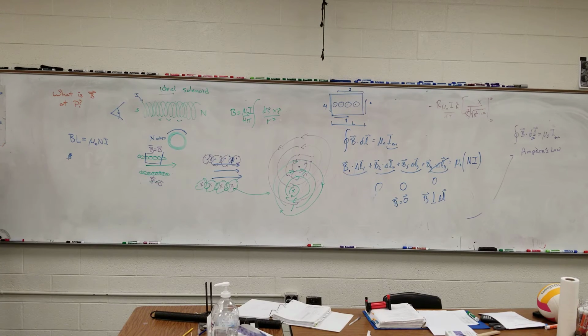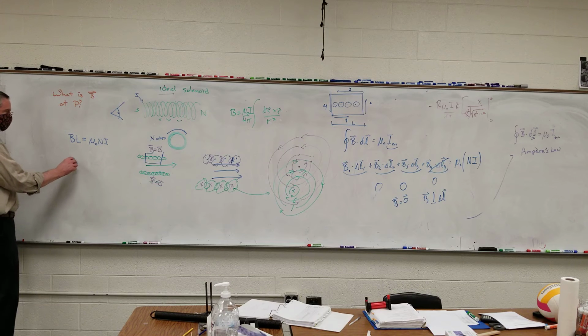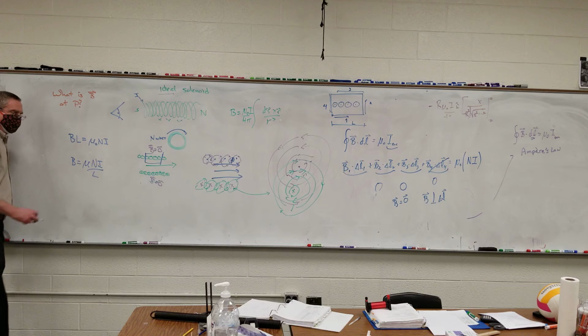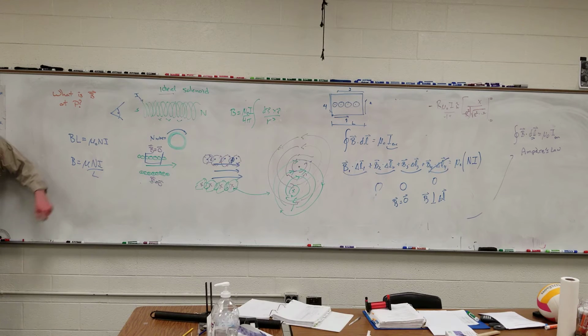Oh, okay, sorry, went in the wrong direction there. So my magnetic field in the center of the solenoid is mu naught times the number of wires times I divided by my length L. Remember, this length L here is arbitrary.